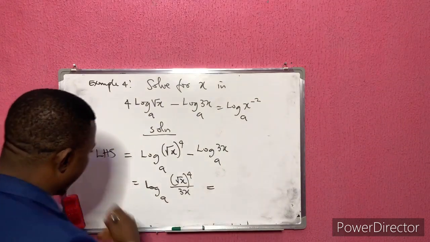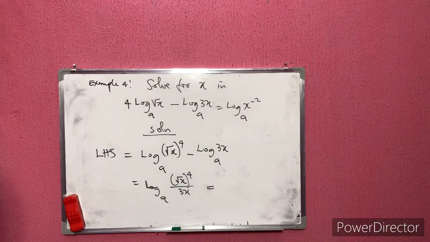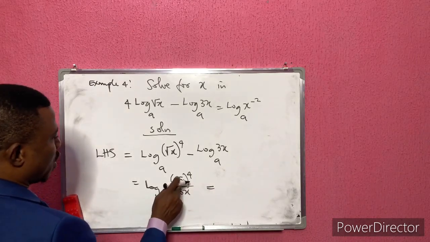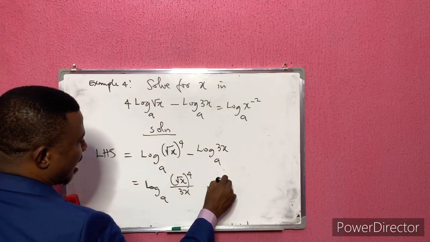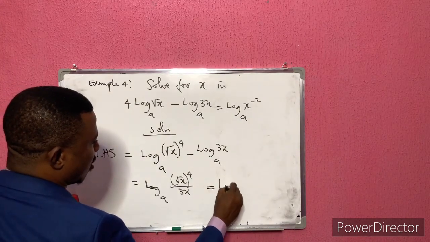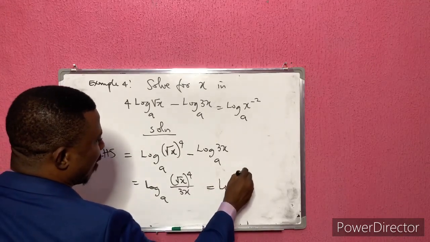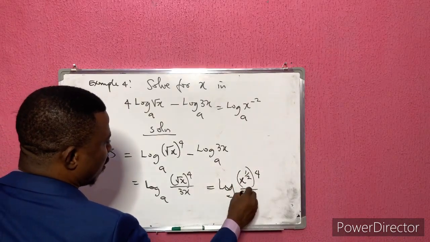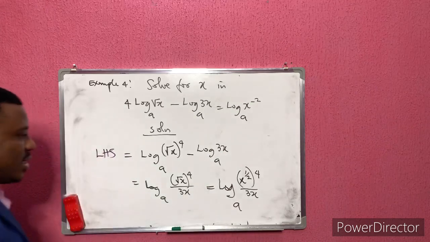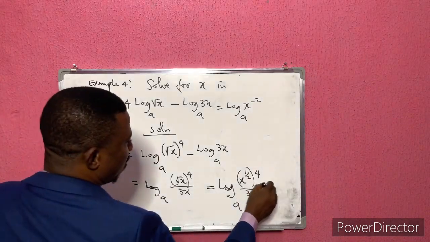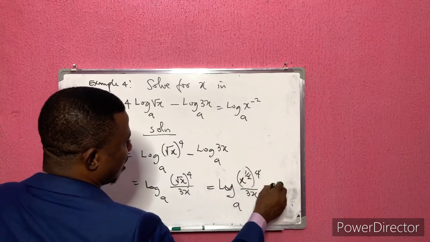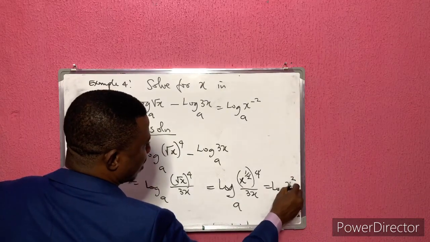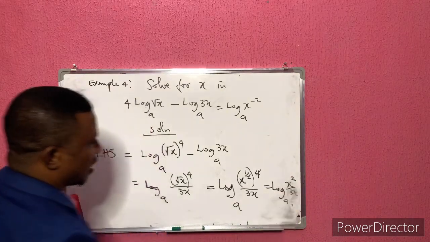And this will give us root x power 4. Remember that root means x power half, bracket 4 over 3x base a, which will give you, cancel, log x squared over 3x base a.